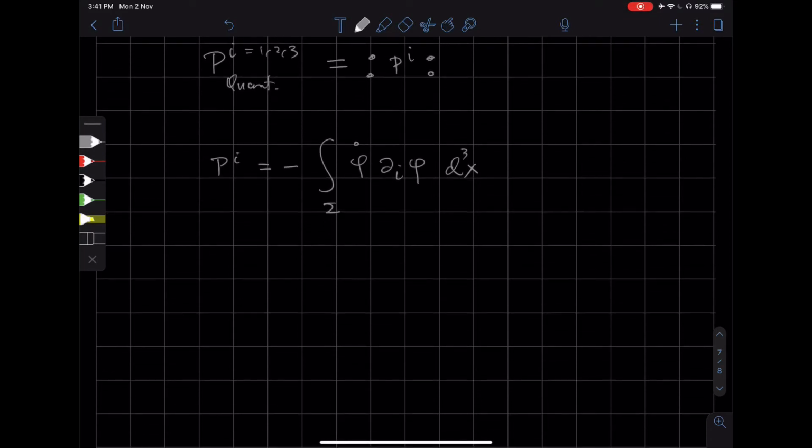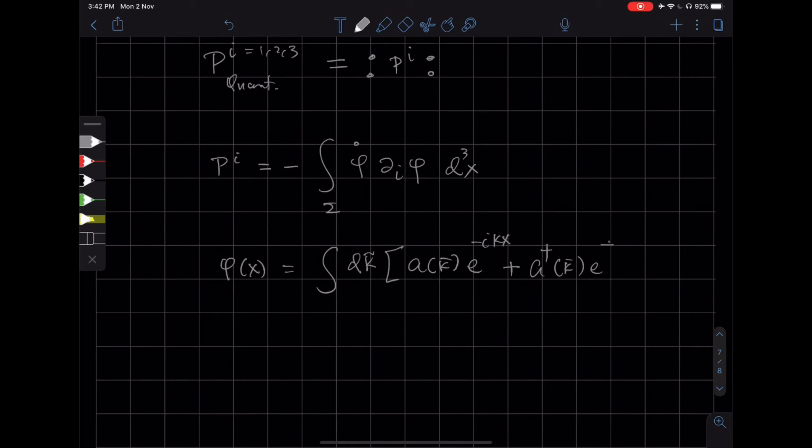Now recall that phi of x is the integral over k of a of k e to the power minus I kx plus a dagger of k e to the power plus I kx.